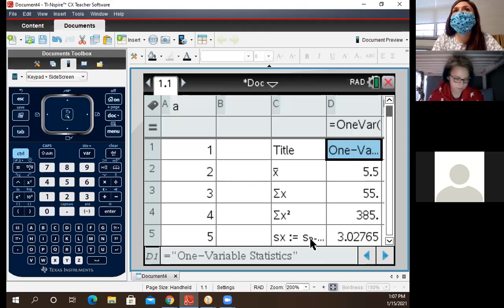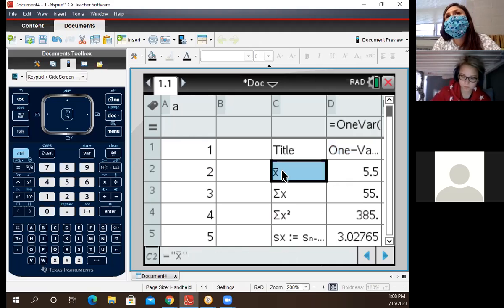So after I hit OK, it takes me back to my spreadsheet, but I have all this other stuff over here. Okay. All this other stuff is a whole bunch of statistical calculations that our calculator has just done for us. So I'm going to talk you through the stuff that we're seeing in here. So here, this box that has the X with the line over the top of it, we call that X bar.